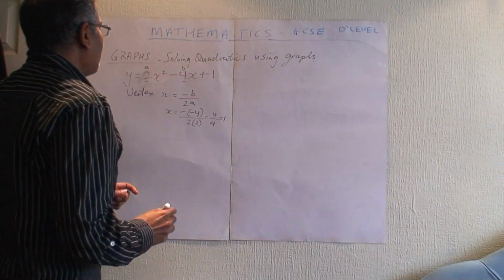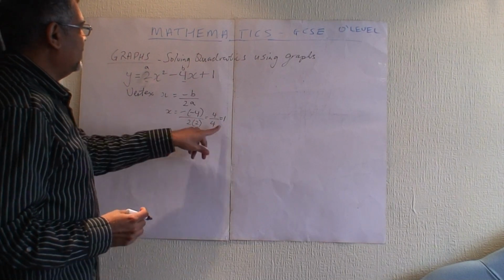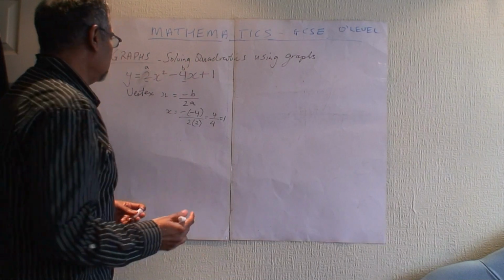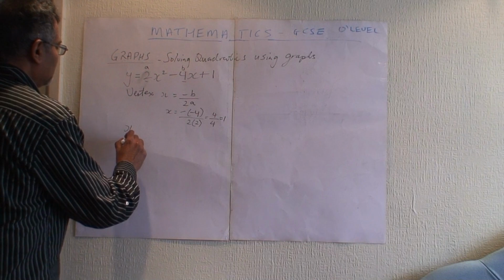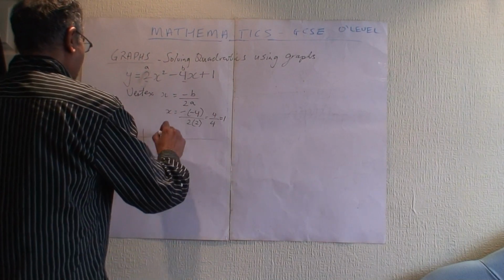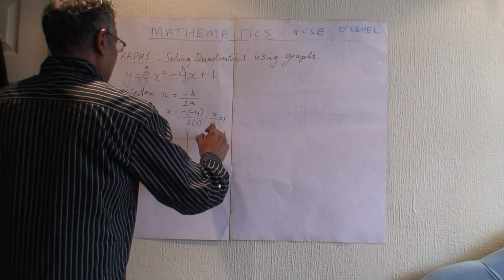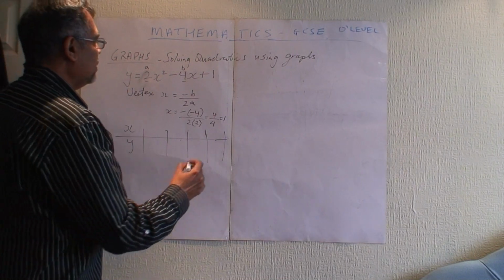Okay, so now we know that x is 1 at the vertex, but we don't yet know what the corresponding y value is. So what we do is find values for x and y.